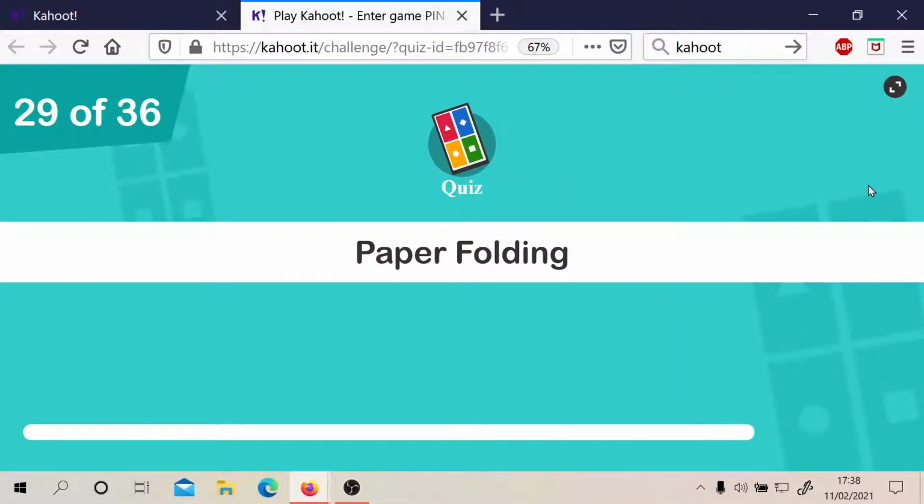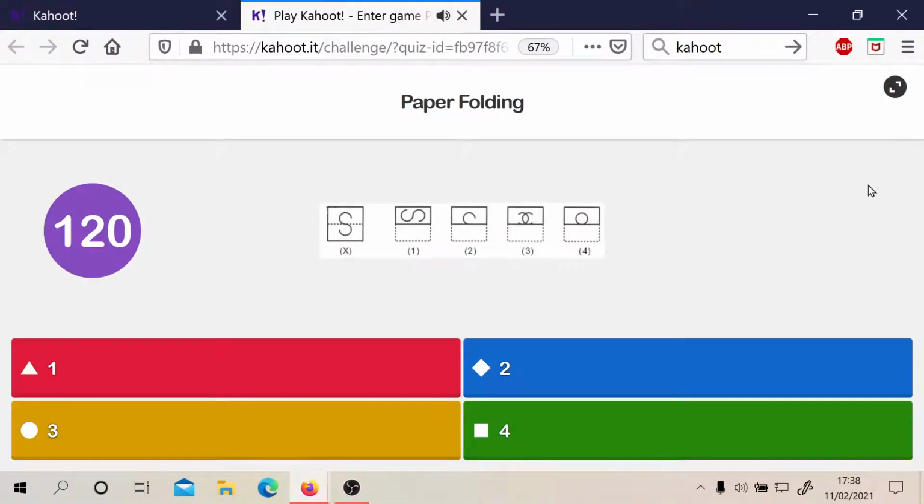Let's see if we can get this one. Right, it means you sort of... so you have to basically combine the 2 images, right? That's what it means.